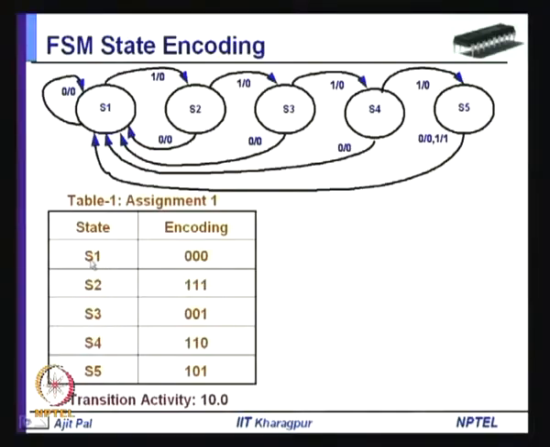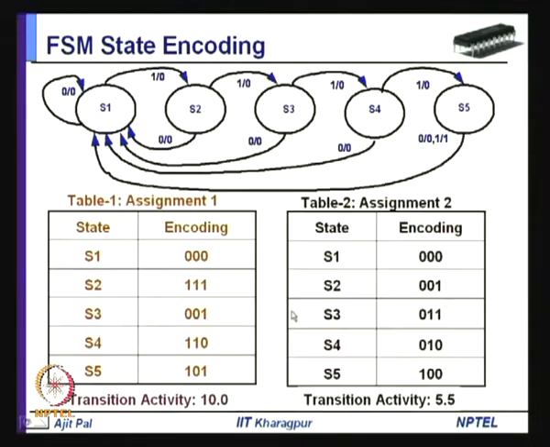This is the state encoding done in assignment 1, and in assignment 2, for the same states, different codes are given: S1 is 000, S2 is 001, S3 is 011, S4 is 010, and S5 is 100.